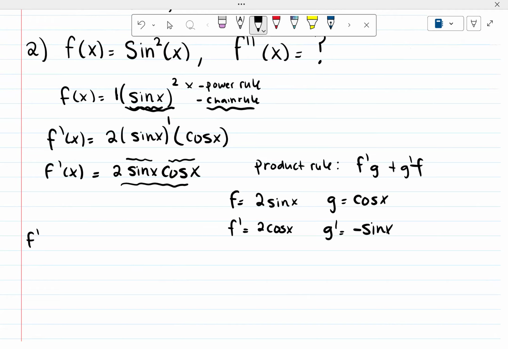We'll just say f double prime of x is product rule. So f prime is 2 cosine of x times regular g, which is cosine of x, plus g prime, which is negative sine of x, times f, which is 2 sine of x.